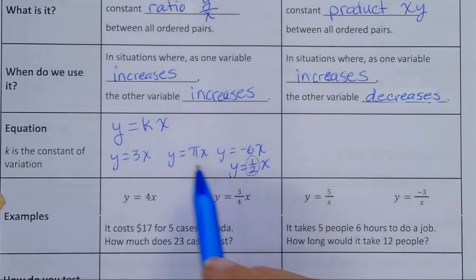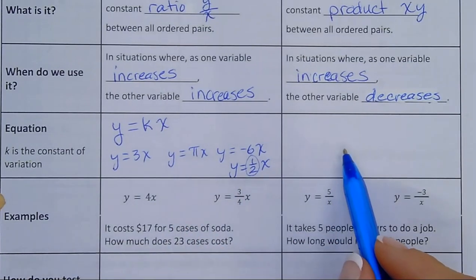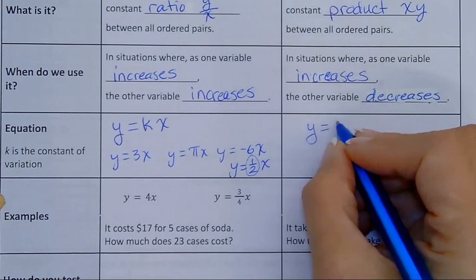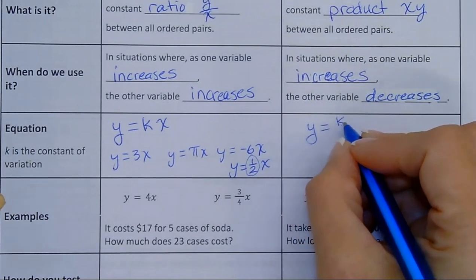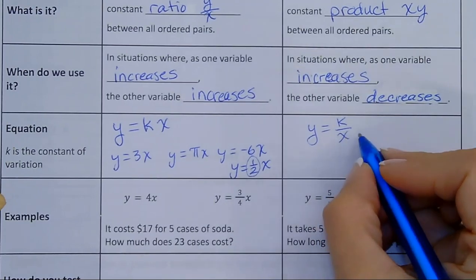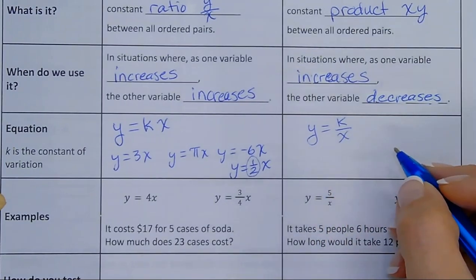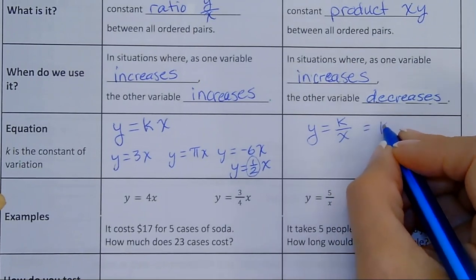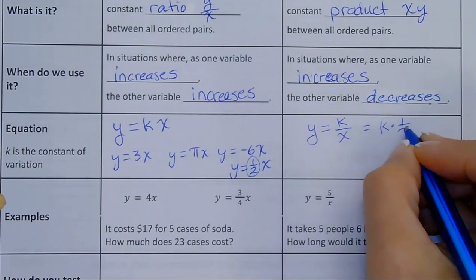Now, if I want to think about inverse variation, remember one variable is increasing and the other is decreasing. So that equation is going to be y equals k over x, or k times 1 over x if you want to think about it that way. It's the same thing.